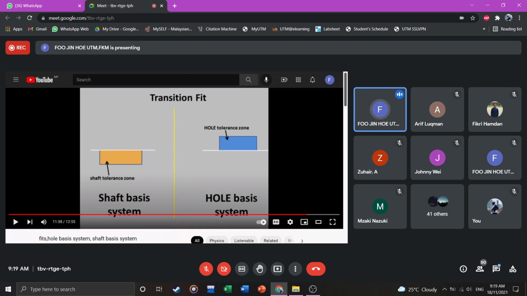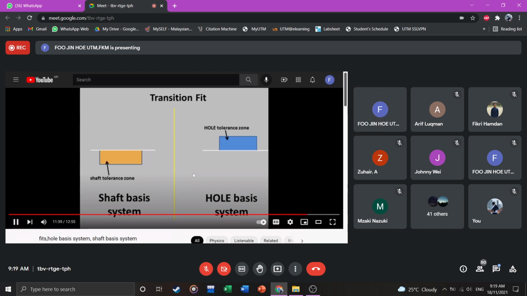That will be the limits and fits for the shaft. So for the hole basis system, the white line here is the zero line, so the shaft size will be anytime bigger than 50, above 50. So it can be anything from 50 or more, not less. Okay, for the hole, the size can be anything from 50 or lesser, not more than 50.